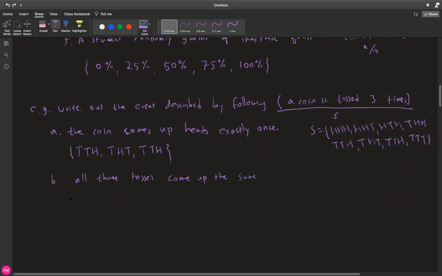From here, we know that we can have heads, heads, heads, and we can also have tails, tails, tails. And that's it. Those are the only 2 possible options.